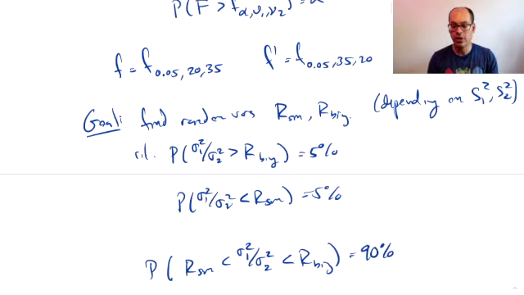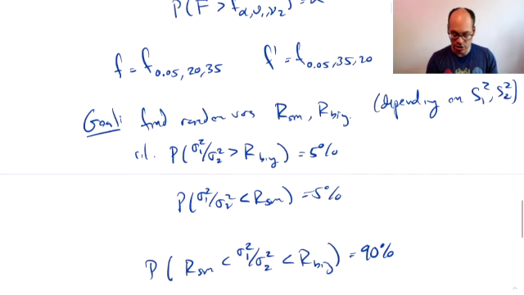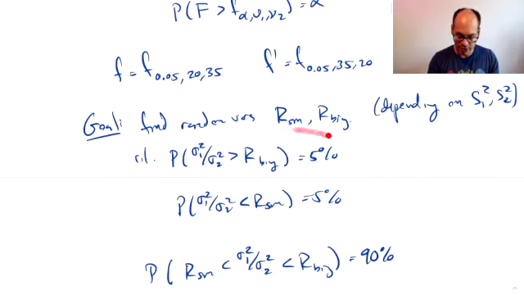Because for this inequality to hold, we just don't want this to be bigger than that, a 5% chance of that. We don't want this to be smaller than that, a 5% chance of that. And so that's what we're actually looking at. So we basically need to solve these two equations. We need to find random variables R big and R small such that those things will hold true.